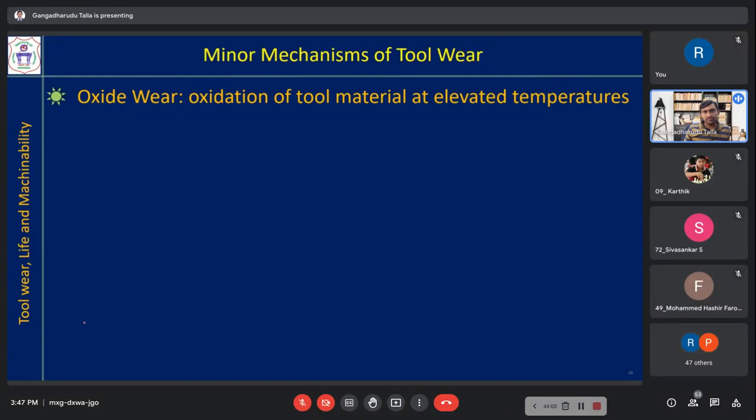One type is oxide wear, the oxidation of tool material at elevated temperatures. Once the temperature is increasing, obviously the oxidation tendency of any material increases. So the tool surface is getting oxidized, which means it is getting hard and brittle. If it is becoming brittle, then whenever it encounters some fluctuation in force, there will be some chipping.